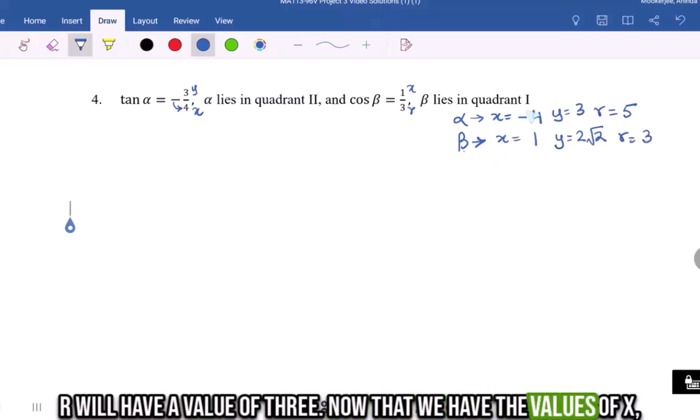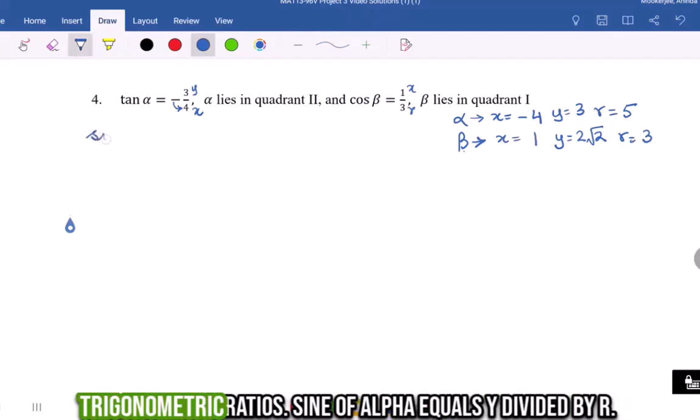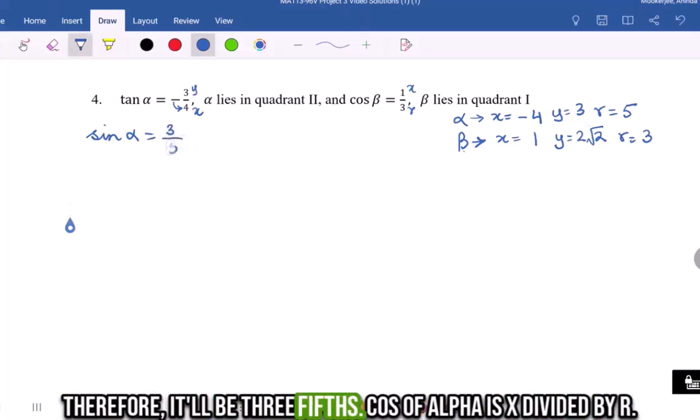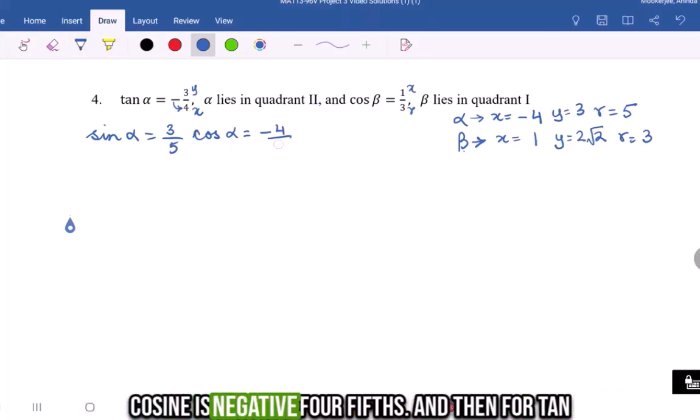Now that we have the values of x, y, and r for alpha and beta, let's put together the different trigonometric ratios. Sine of alpha equals y divided by r. Therefore, it will be 3/5. Cos of alpha is x divided by r. That will be negative 4/5. We know that in quadrant 2, cosine is negative.